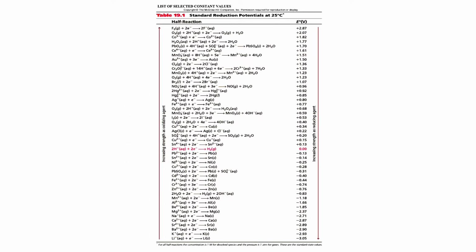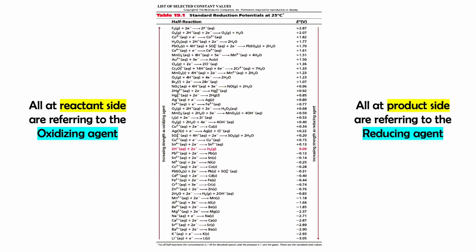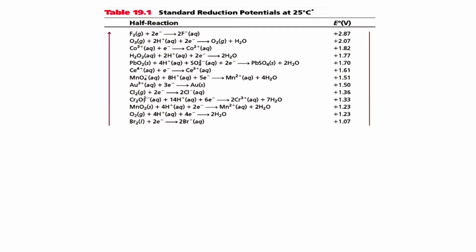How are we going to read the standard reduction potential list? At the reactant side, all elements are referring to the oxidizing agent, whereas at the product side, all are referring to the reducing agent. Let's take a look at fluorine gas.